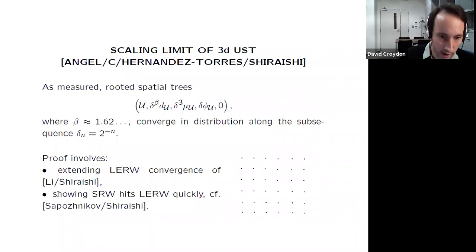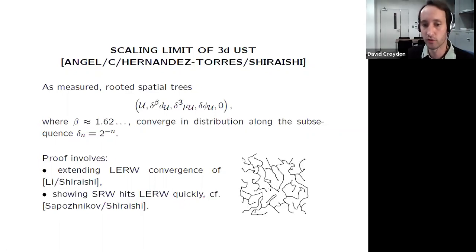Fortunately, this was solved before our work by Shiraishi and Sapozhnikov. In another context, they showed that although simple random walk doesn't hit straight lines quickly, it does hit loop-erased random walk quickly.